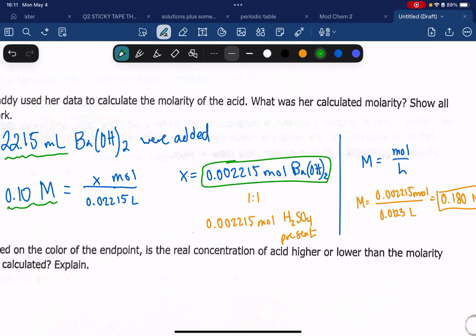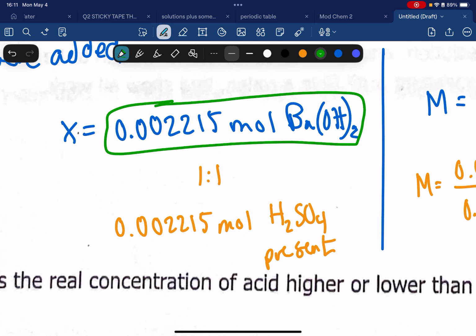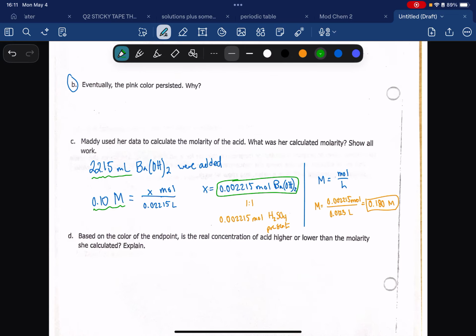That's not necessarily the case if you overshoot, right? So technically, there were fewer than 0.002215 moles of acid in the flask to begin with. Does that make sense? This is kind of hard to explain.